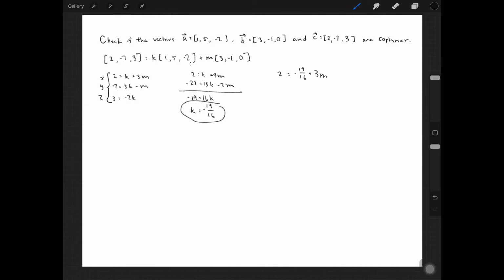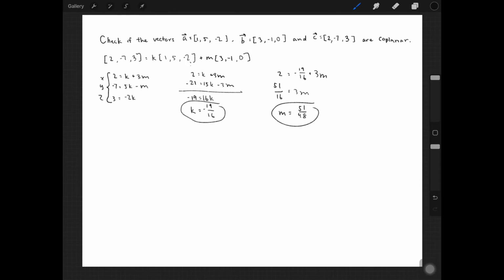Okay, so we'll have 51 over 16 here, divided by 3. Oh well, this is not a good question, but it's whatever. It's 51 over 48.